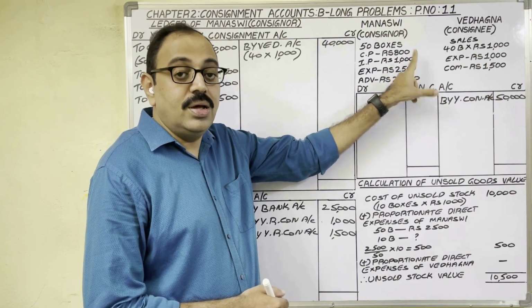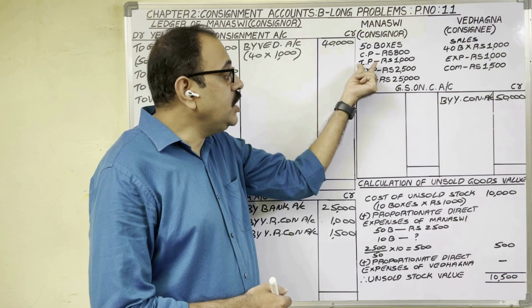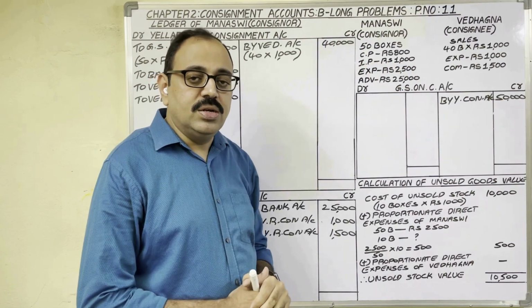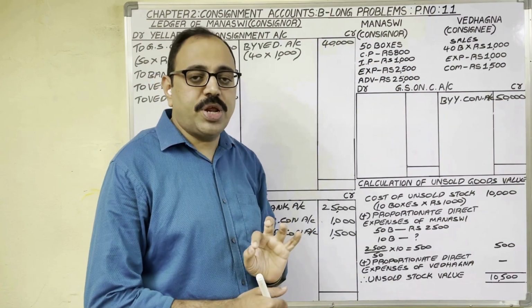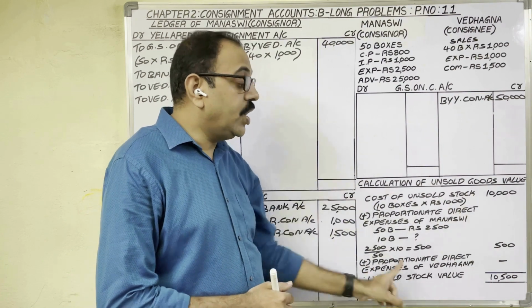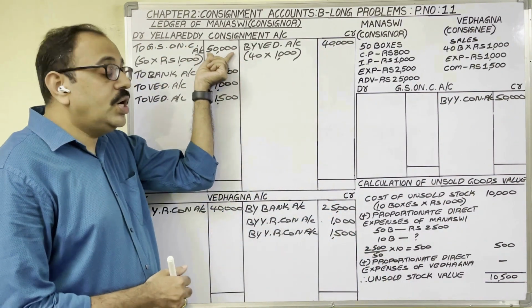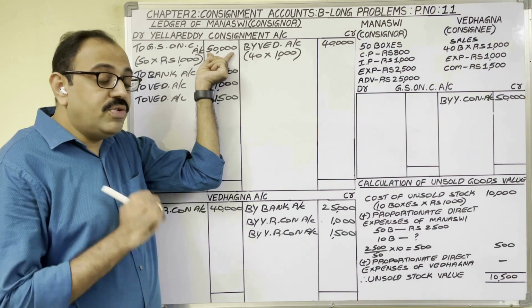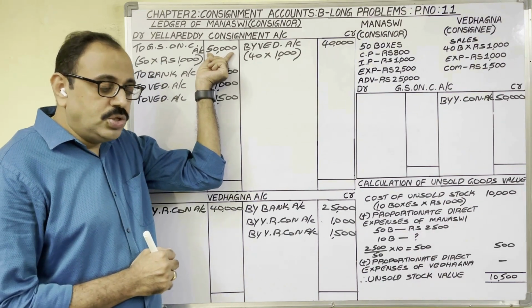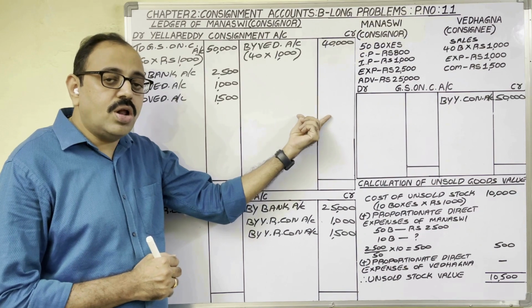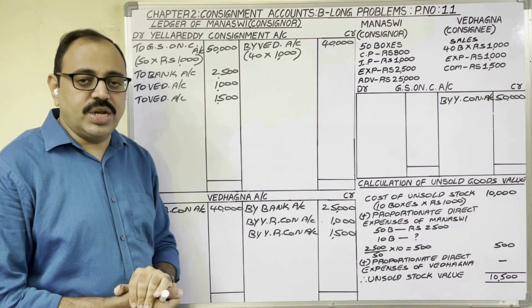Remember, when invoice price is given in the question, we should take invoice price only while calculating unsold stock, because while writing goods sent on consignment account, we have written invoice price. So for calculating unsold stock also, we should consider invoice price only.